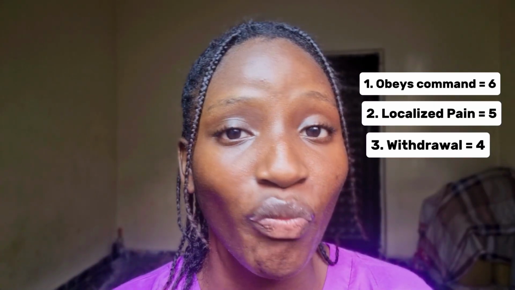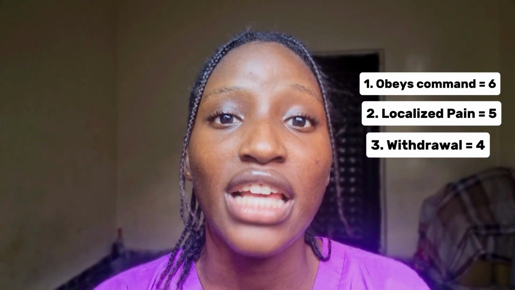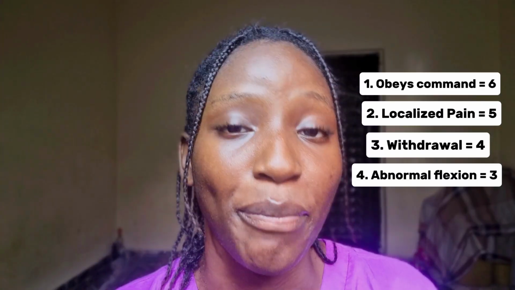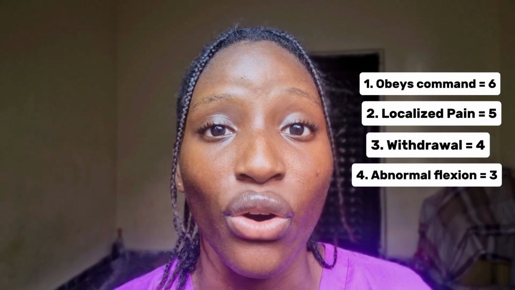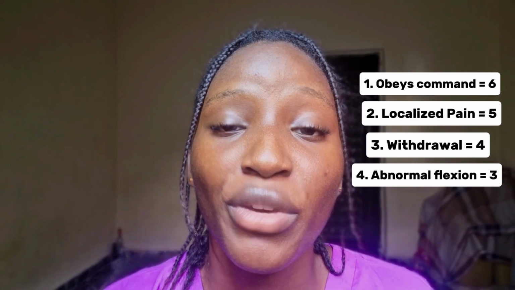Then the next two are a bit complex, but they are easy. The next action is abnormal flexion. Abnormal flexion refers to when you apply pain to your patient's trapezius or your patient's nail bed. Abnormal flexion simply means your patient is going to curl their arm or their hand. Yes, their hand, their arm.